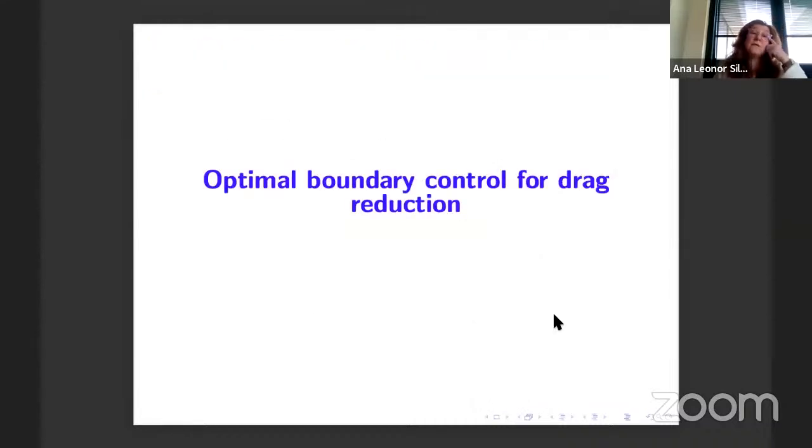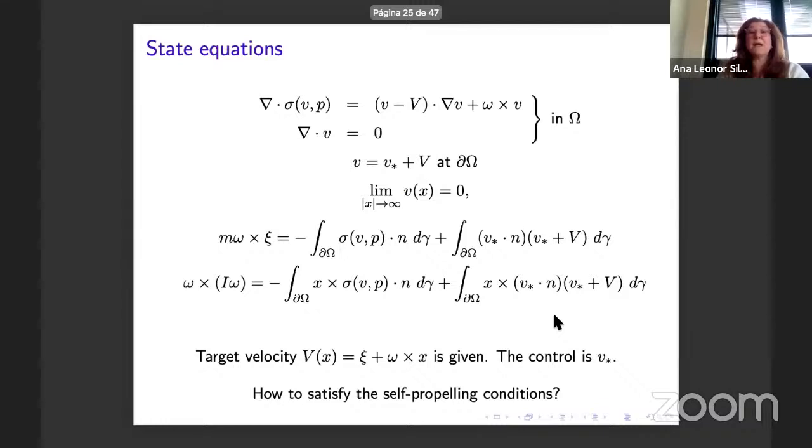Let's now talk about the optimal control problem, because now we have all the functional spaces, inequalities and properties of the state equations that we need to reformulate the control problem and to solve it. So these are the state equations.